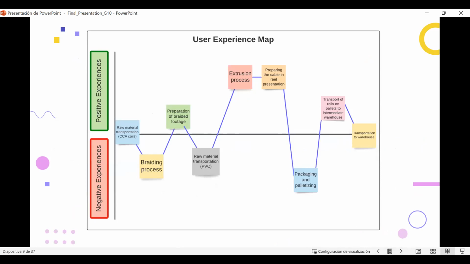According to the user experience map, the stages that have more difficulties are the straightening stage, because this activity, despite having machines, depends on the operators for production to continue, and PVC transportation, because PVC is stored outside the production area, generating difficulties when required for packing and palletizing, because this process also depends on operators and on their capacity to avoid generating bottlenecks.